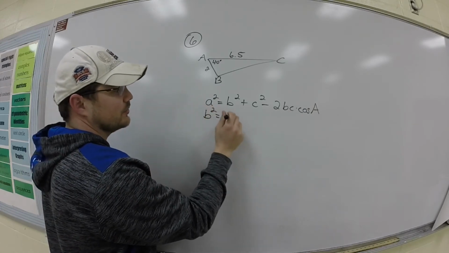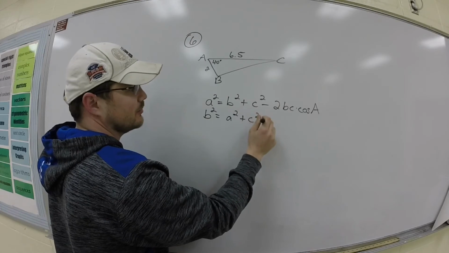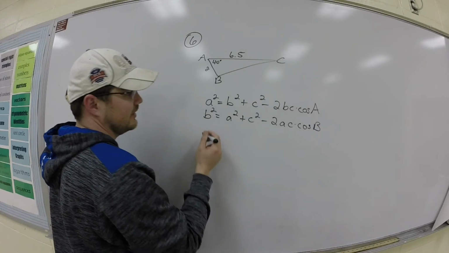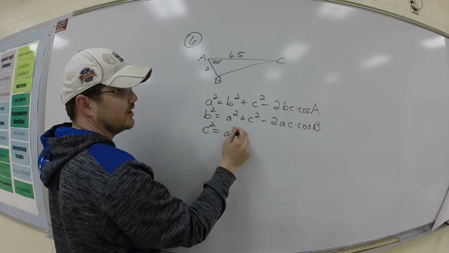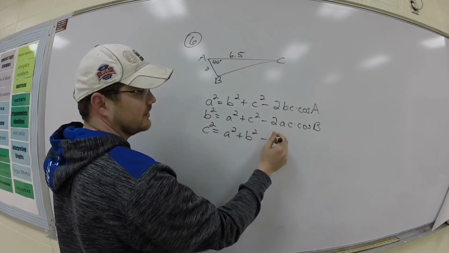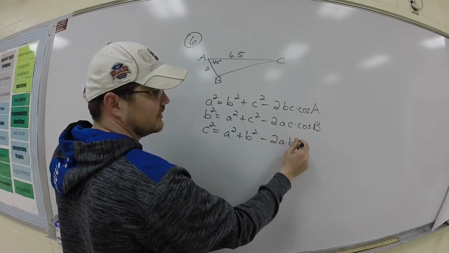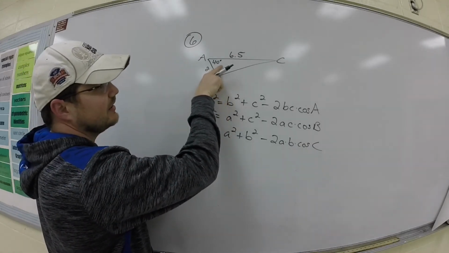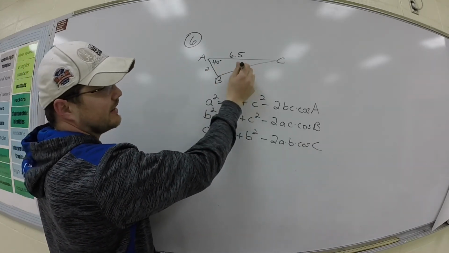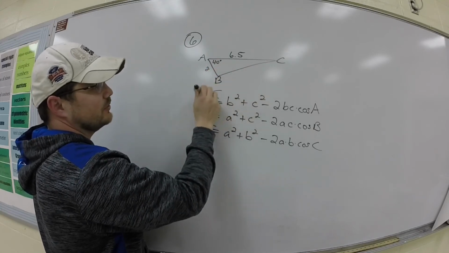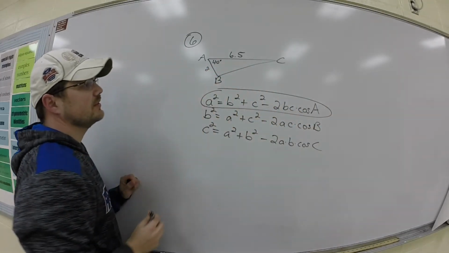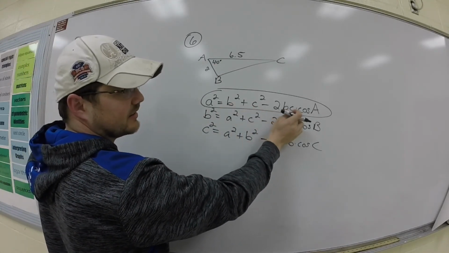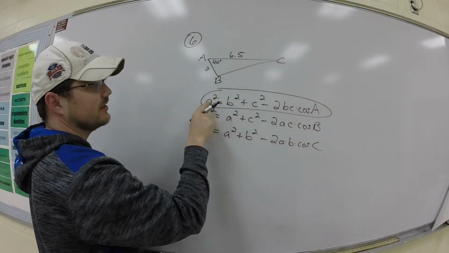B squared equals a squared plus c squared minus 2 times a times c times cosine of angle B. And then we have c squared equals a squared plus b squared minus 2 times a times b times cosine of angle C. Alright, so since we have angle A and we're trying to find side A, let's use this one. And all we'll do is plug in side B, side C, and angle A right here and solve for side A.